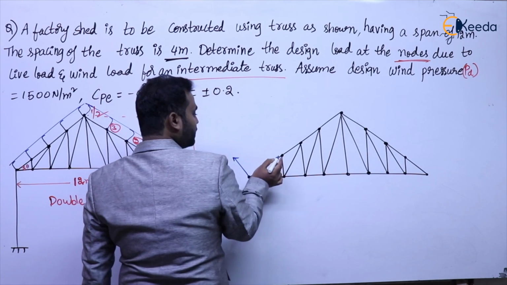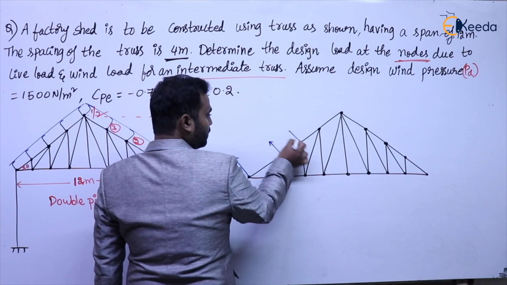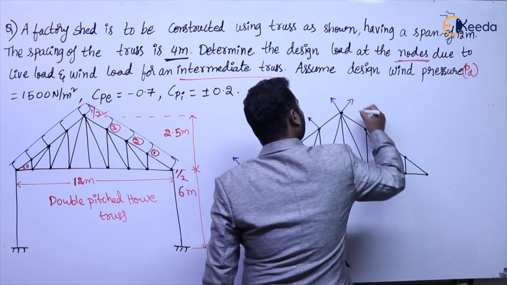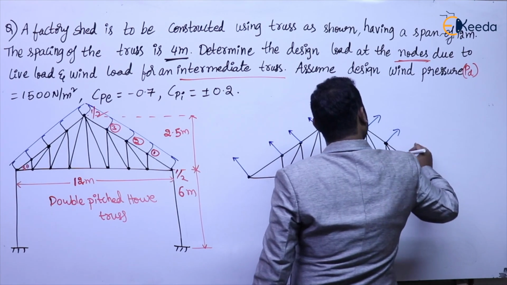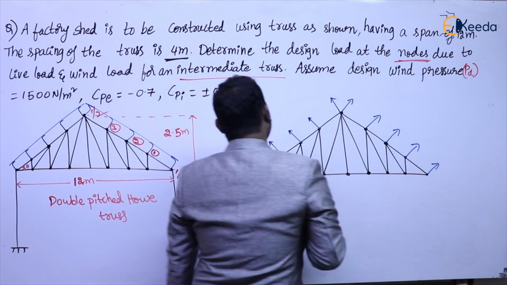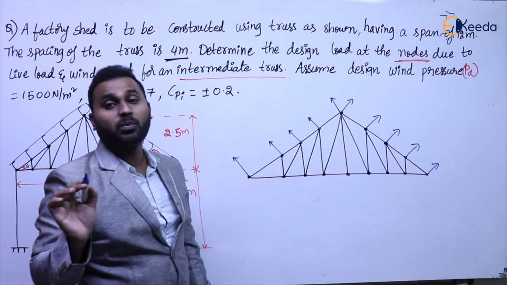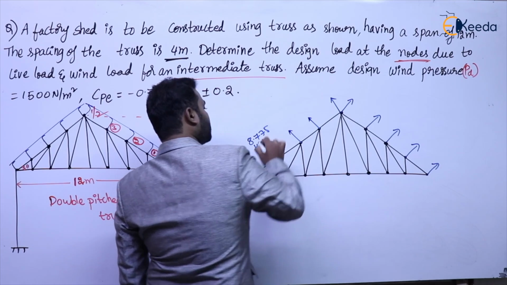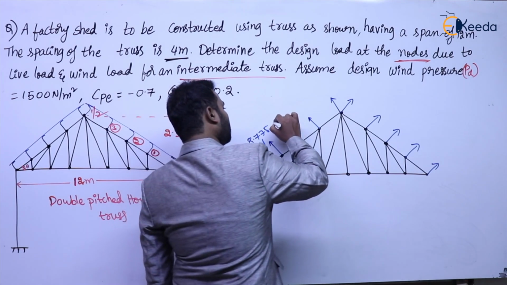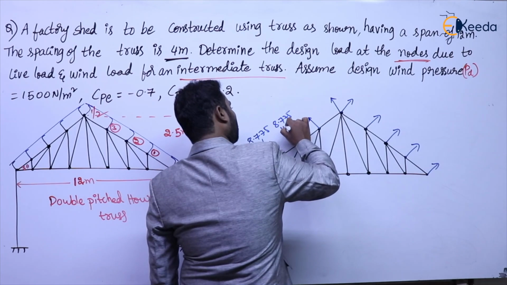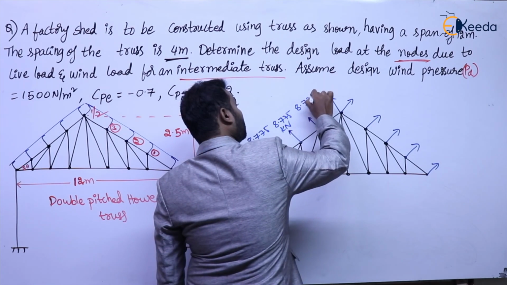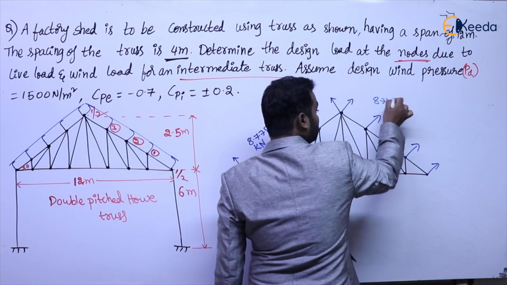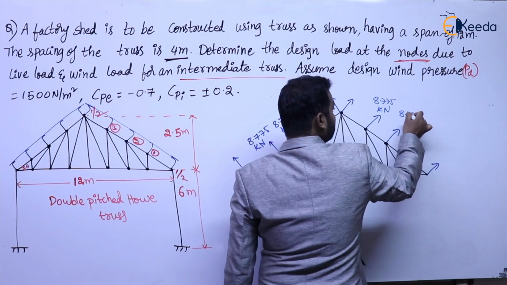So this is how the wind load will act. Now for full panel point, how much is the wind load acting? 8.775 kilonewton. Clear?